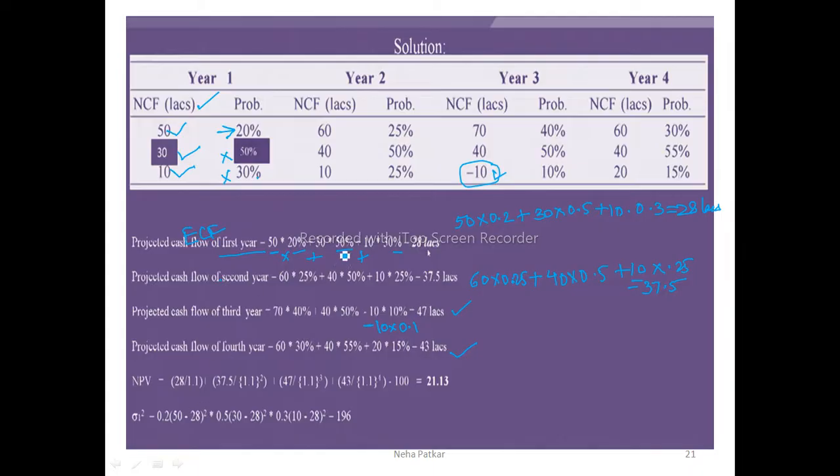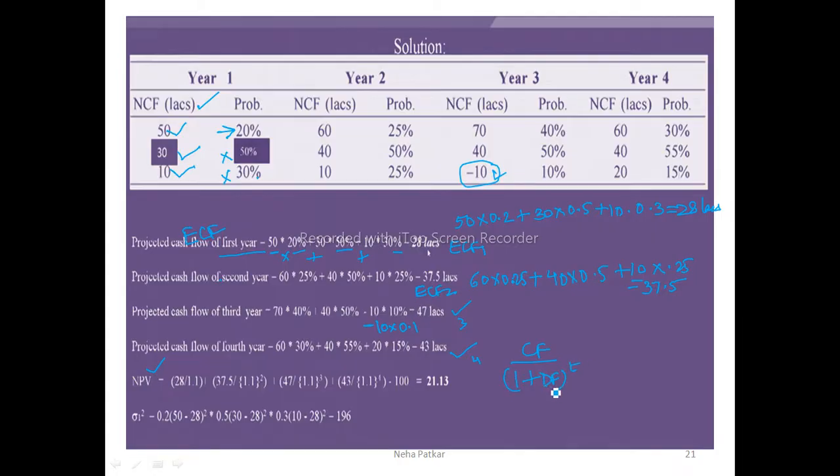Once we get the expected cash flow of all 4 years, that is the expected cash flow of the first year, second year, third year, and fourth year, then we will calculate the NPV. How will NPV come? We know the formula: cash flow divided by 1 plus the discounting factor to the power t.